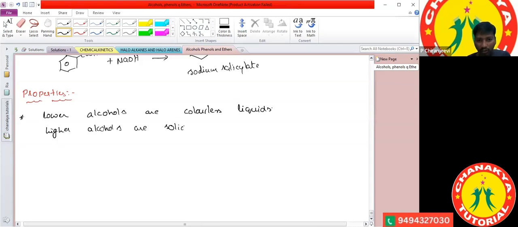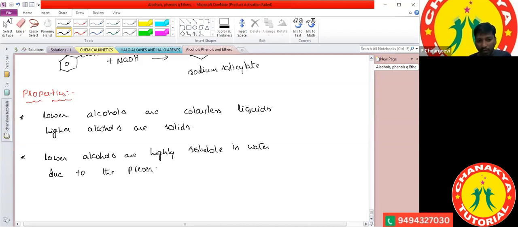Lower alcohols are highly soluble in water. The higher alcohols become solids. Lower alcohols are highly soluble in water due to the presence of intermolecular hydrogen bonding.